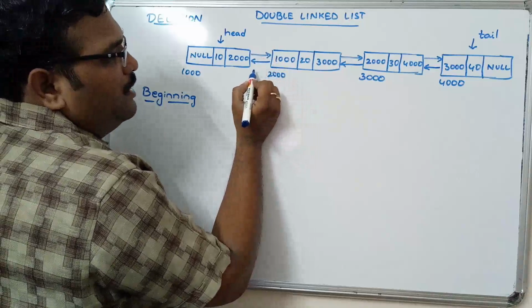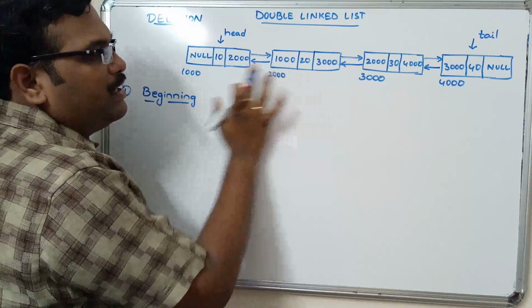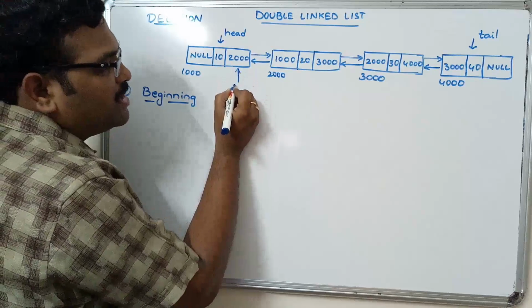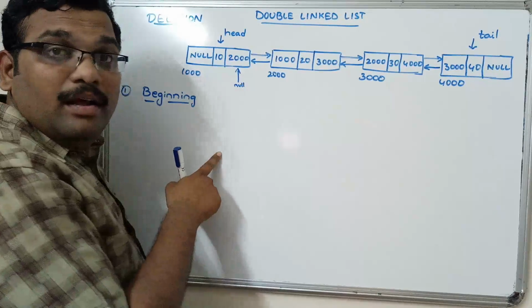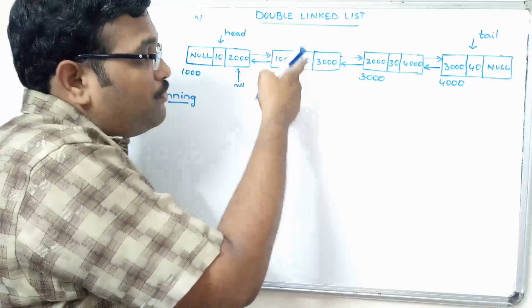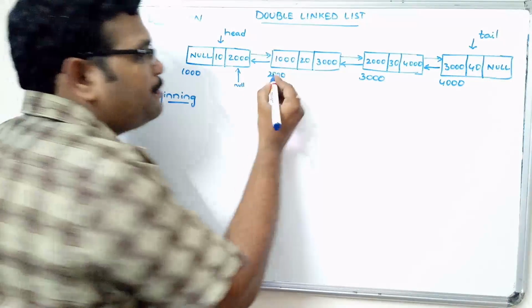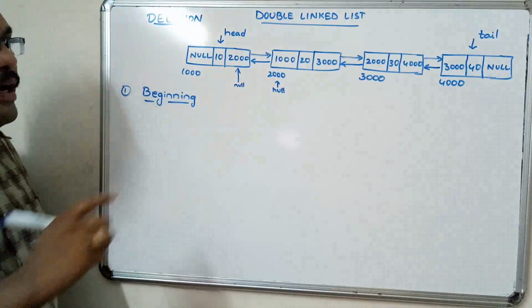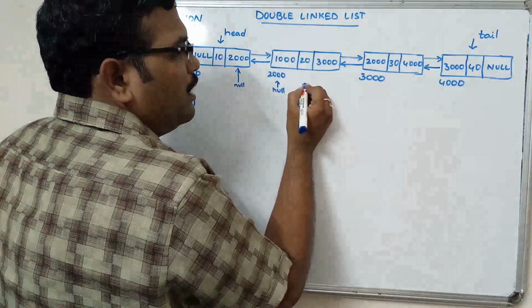If you delete this one, this position must be null, and this node will be the first node, so the first node's previous field must be null. And head should be moved to here.